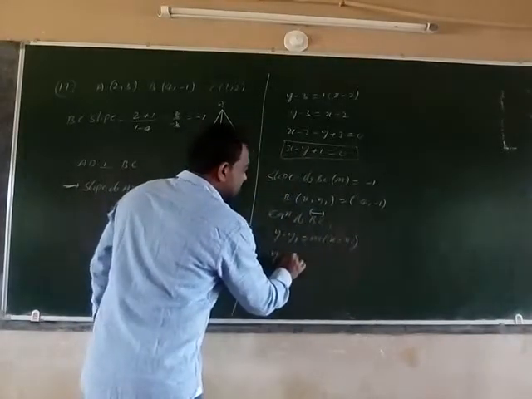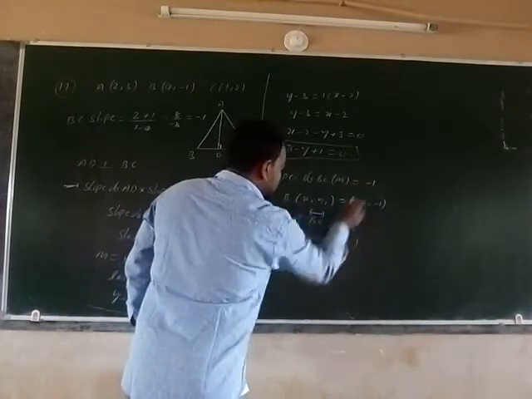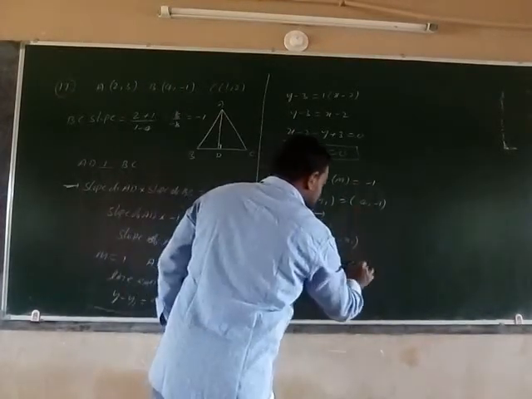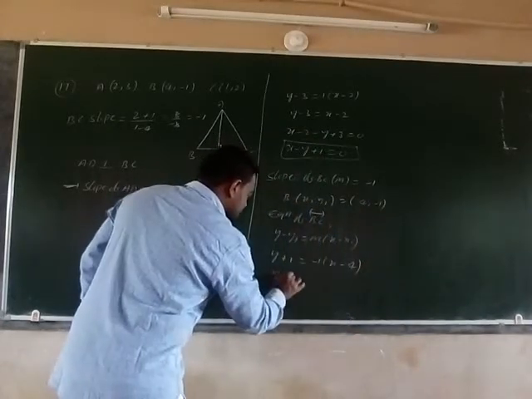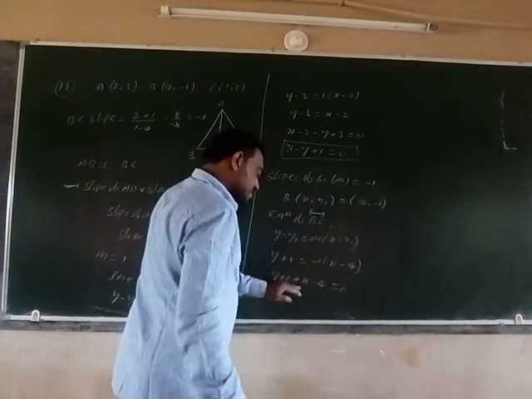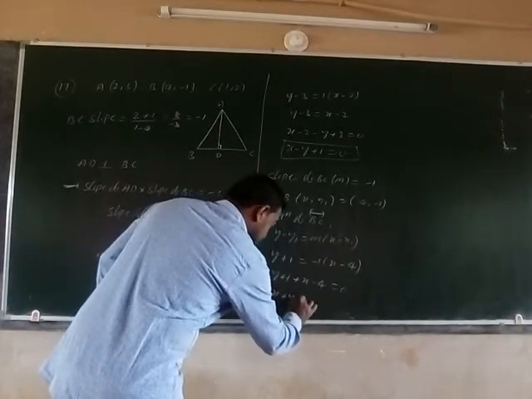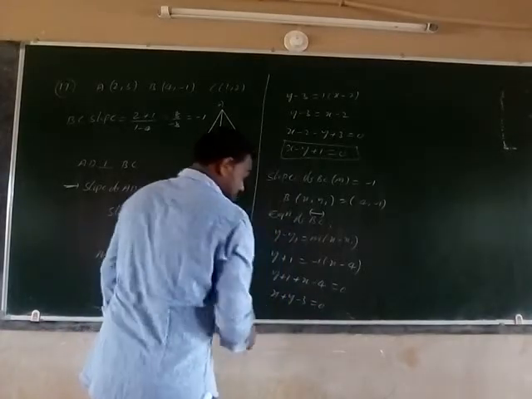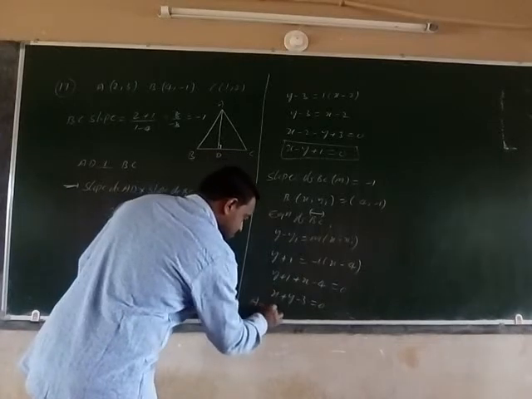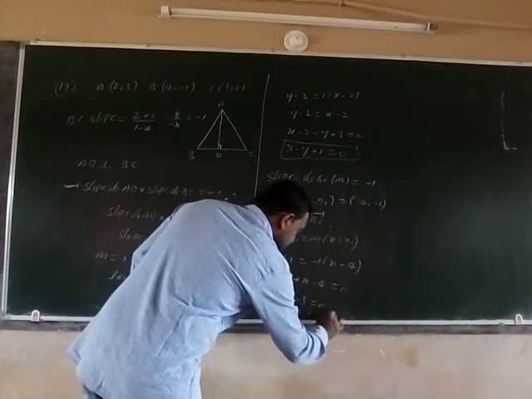That is y plus 1 is equal to minus 1 into x minus 4. So y plus 1 plus x minus 4 is equal to 0, taking everything to the left side. So x plus y minus 3 is equal to 0. Here a is the x coefficient 1, b is the y coefficient 1, c is minus 3.